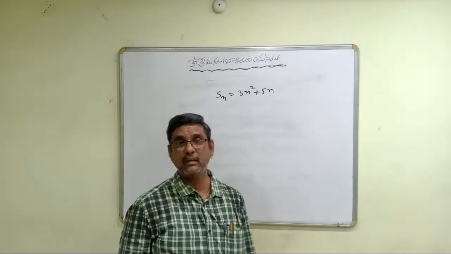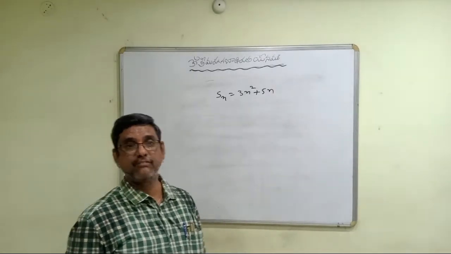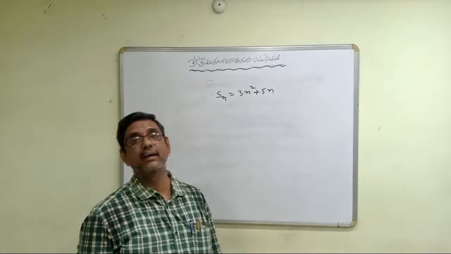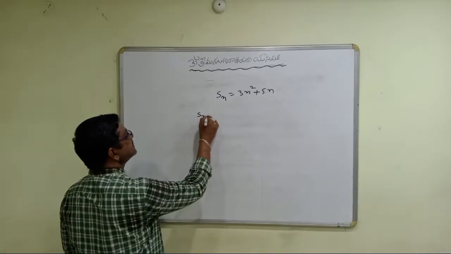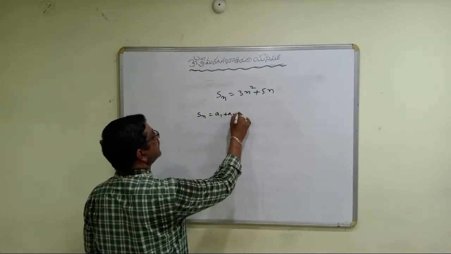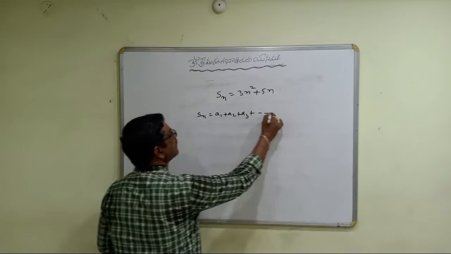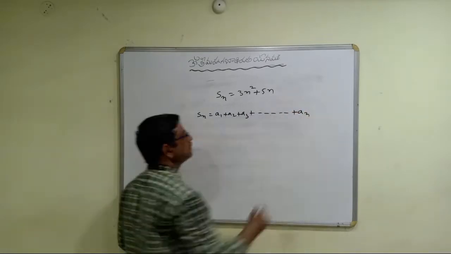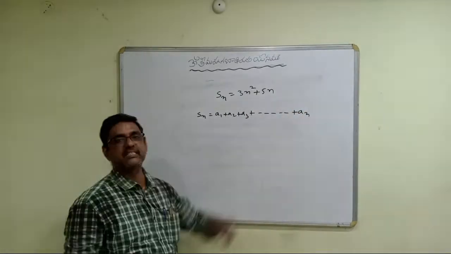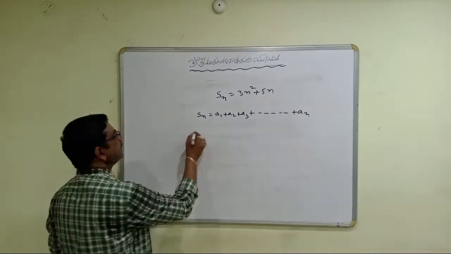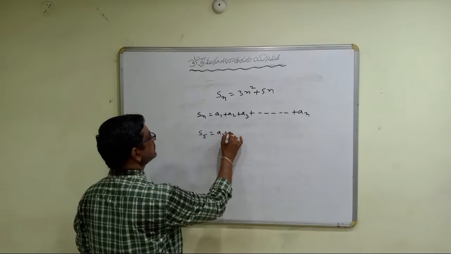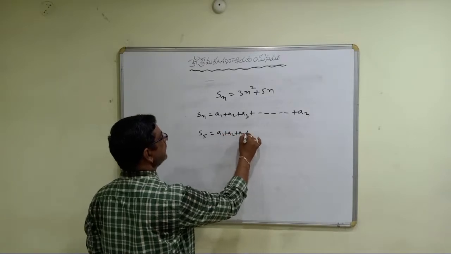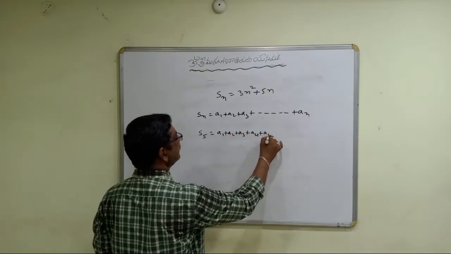What is Sn? It is the sum of first n terms of AP. So that means Sn is nothing but A1 plus A2 plus A3 plus so on plus An. This is the meaning of Sn. Now, you tell me what is S5? A1 plus A2 plus A3 plus A4 plus A5.